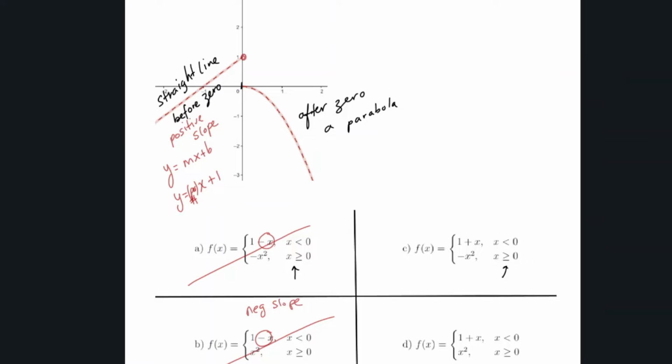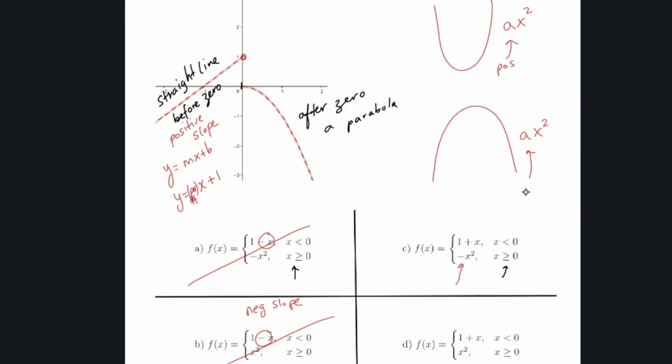Now, the only difference between C and D, they both have 1 plus x, so that's our line, 1 plus x. The difference is this has a negative in front of the x squared, whereas this is a positive x squared. Well, parabolas look like this and like this, depending on the ax squared: it's upward facing if the constant in front is positive.